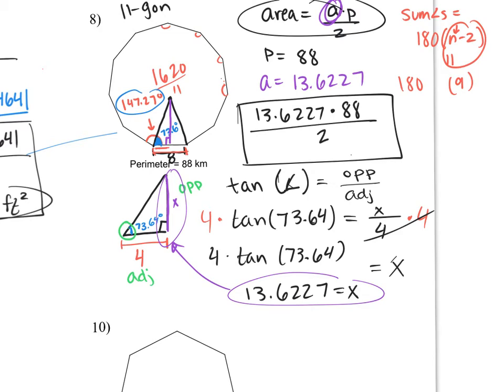If I do that in my calculator, I get that this 11-gon is about 599.4 kilometers squared. So if you get something close to 600 kilometers squared, then you have this answer correct.